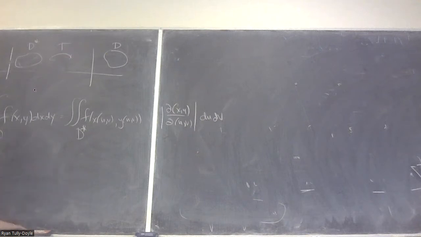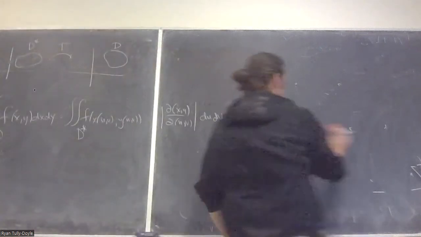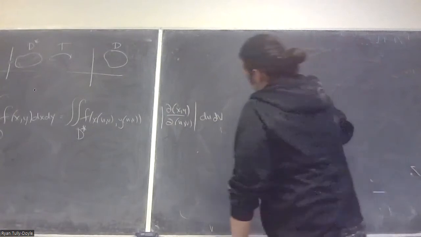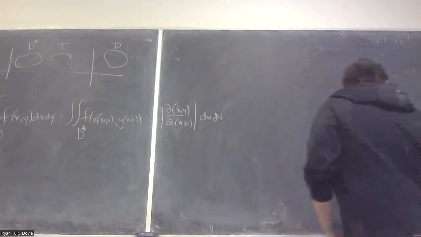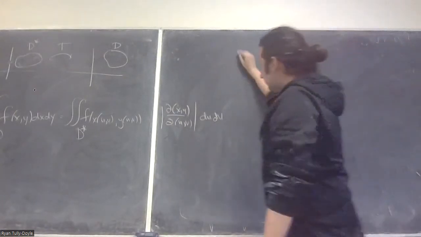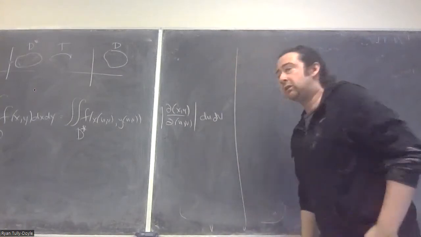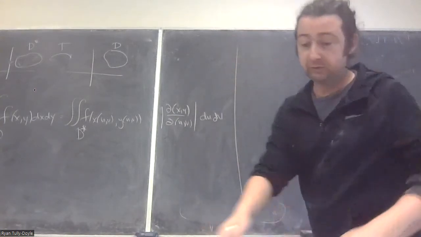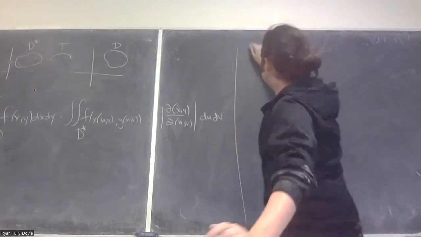Okay, so in practice, how does this work? This is an abstract sort of tool right here. How do you actually use this in a real setting? Well, suppose I just give you a problem to do. So, good one.